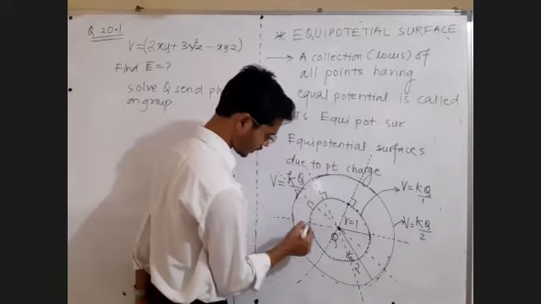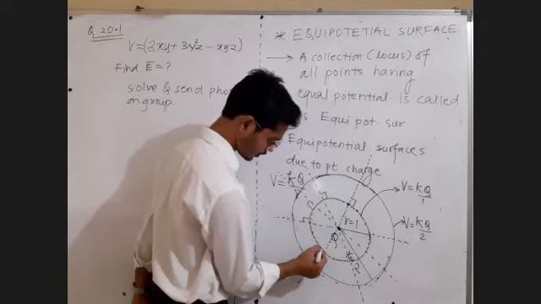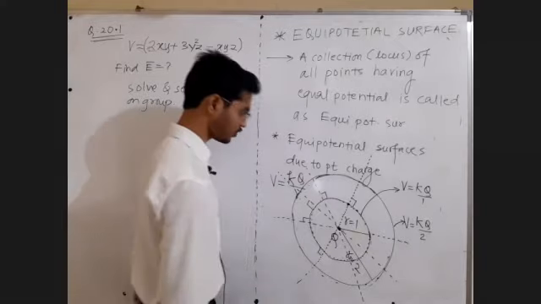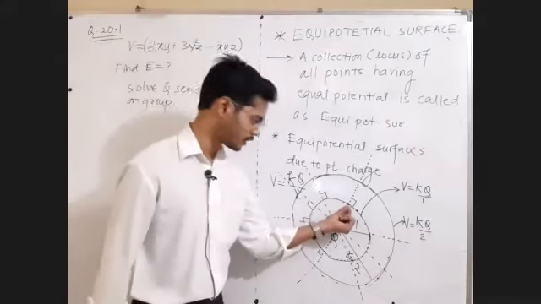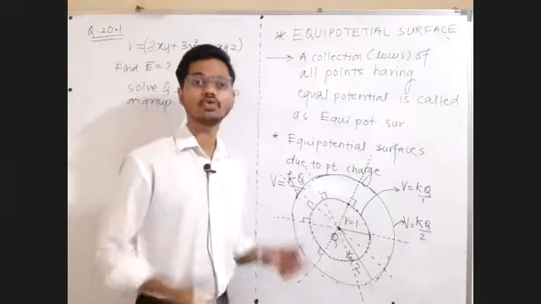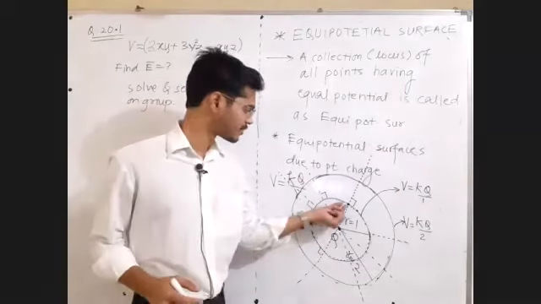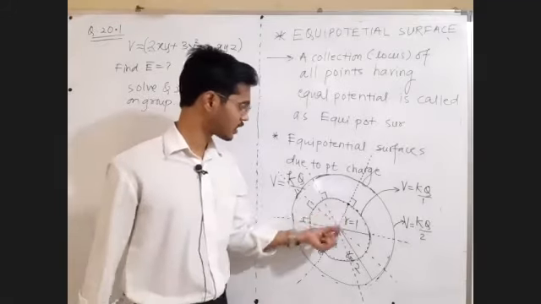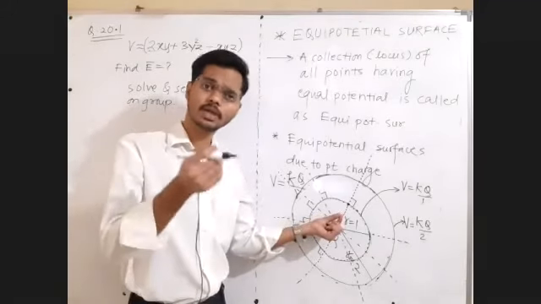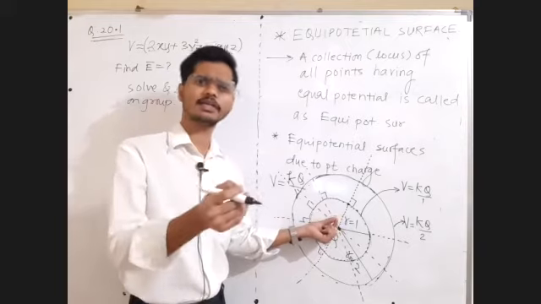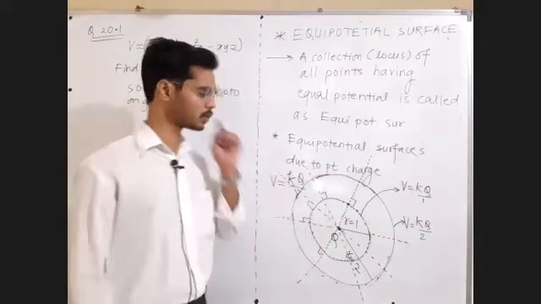So understand this fact. Equipotential surface and electric field line at a given point are always perpendicular.